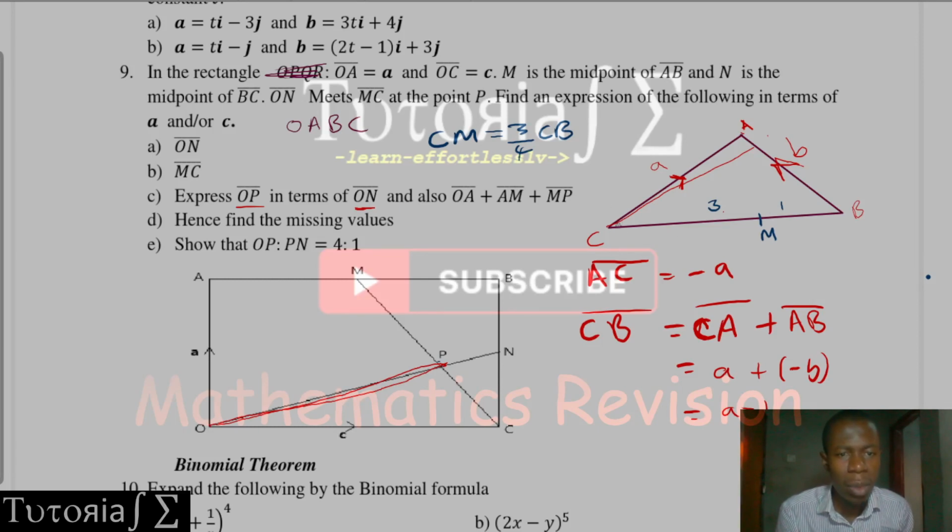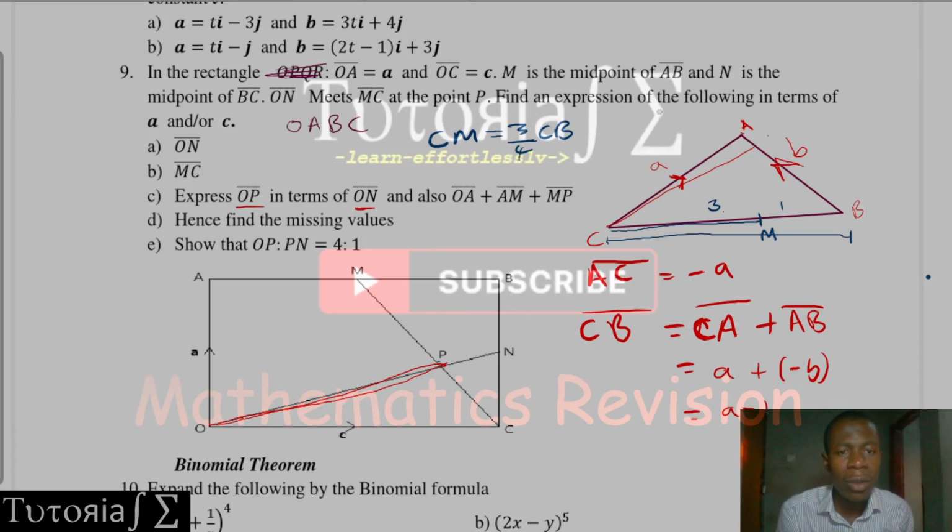So CM, which has a ratio of 3, you say all over the total length, which is 4, then times BC. So this will give you the ratio like that.